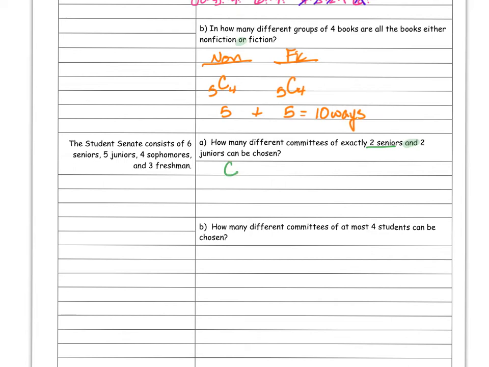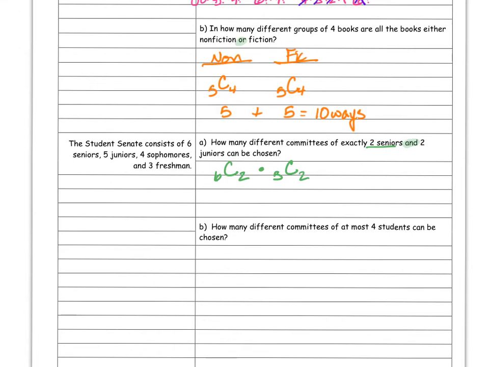And I have 6 seniors and I want 2 of those seniors. And then I want 2 juniors. Well, I have 5 juniors and I also want 2 of them. And because it's an and, I want to multiply it together. I have this and this.